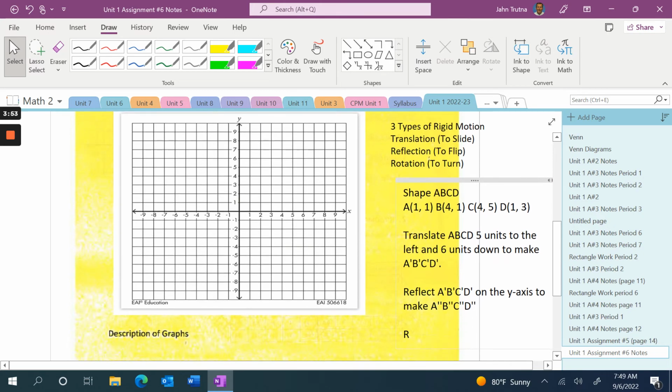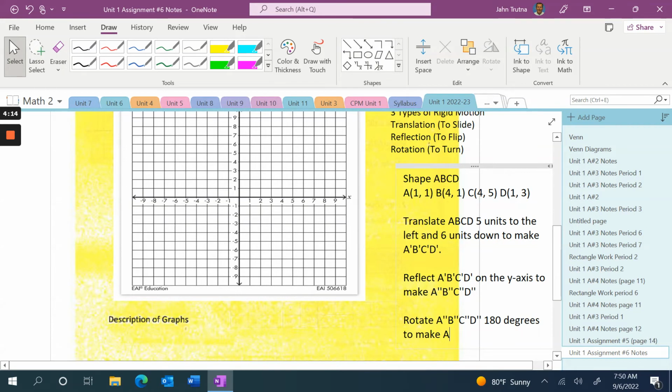And then the last thing we're going to do is we're going to rotate A double prime, B double prime, C double prime, D double prime 180 degrees to make A triple prime, B triple prime, C triple prime, D triple prime. Okay, so this is going to be our task for today.